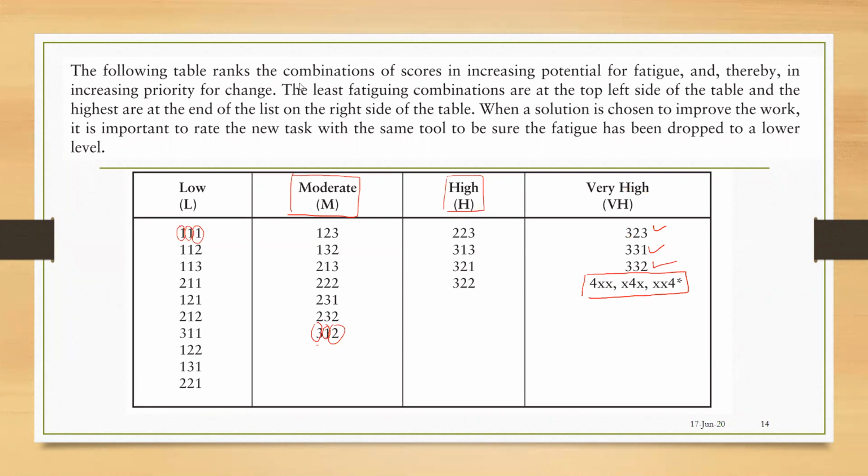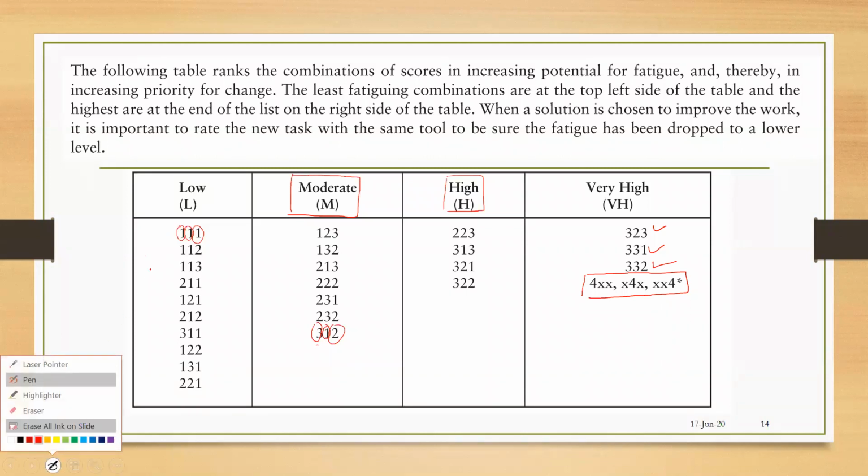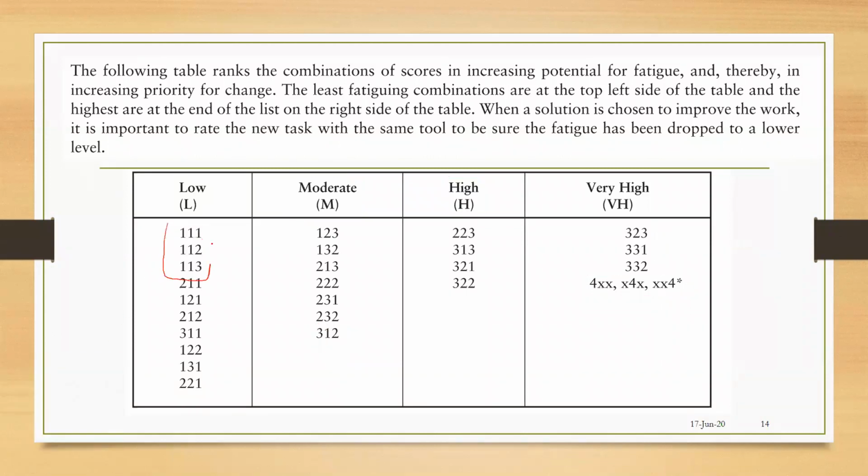So we can see easily from here the least fatiguing combinations are at the top left. So these values on the top left show a very good task that is very safe, and the highest are at the end of the list on the right side. So of course these are the highest fatiguing tasks if some task gets a score in this range.